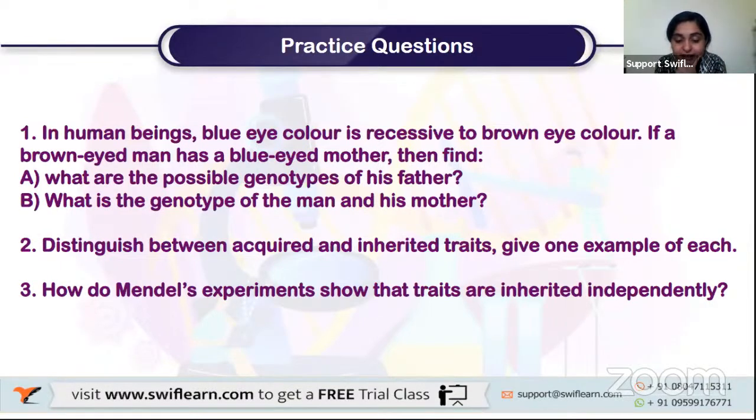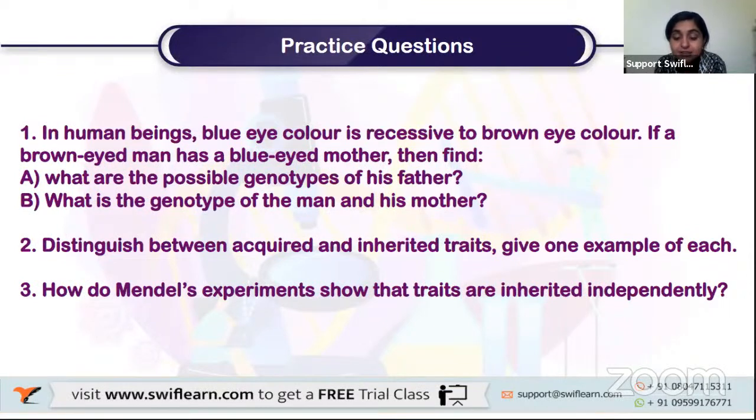So the possible genotype of his father may be where the brown eye is dominant, so the B will be capital. What is the genotype of the man and his mother? For the man, the genotype will be capital B and small b.